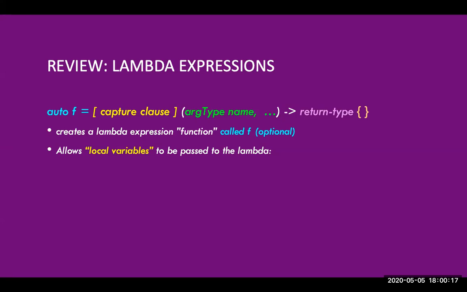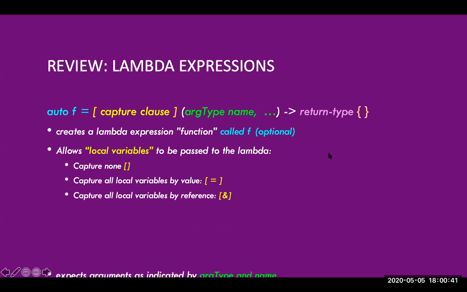So very likely this capture is going right into the constructor for a temporary functor that's being created behind the scenes. But otherwise, we have our standard function arguments, and then we have our return type out at the end, which is a little annoying because usually we have it in the front, and then our implementation over here in the braces, okay? So we have capture.